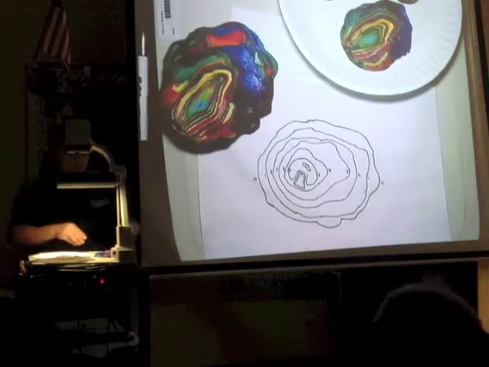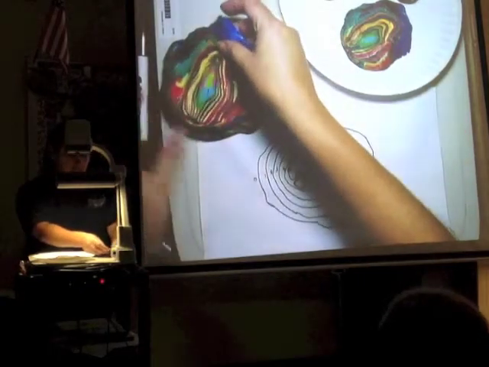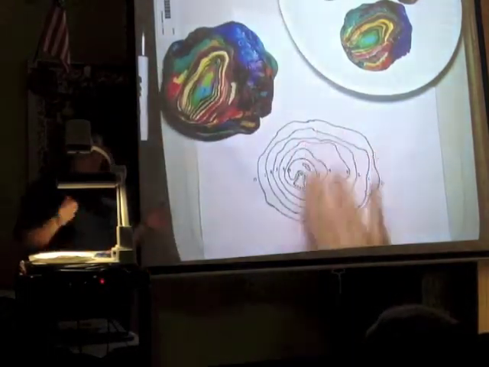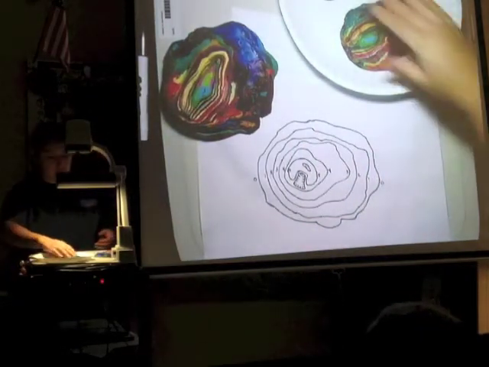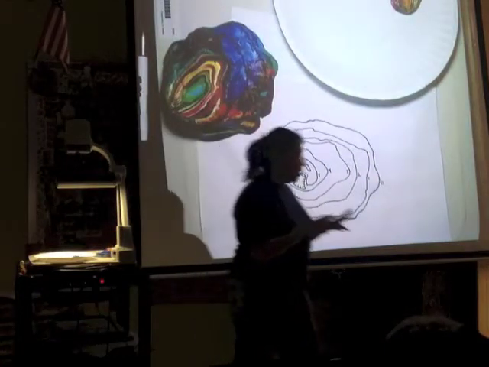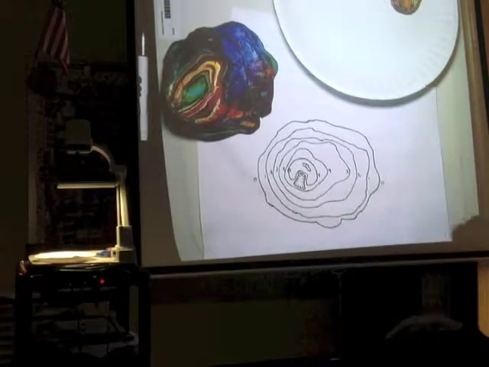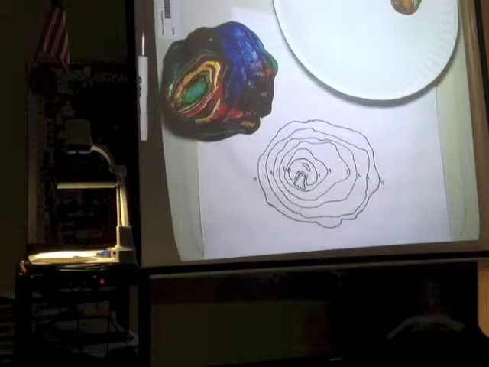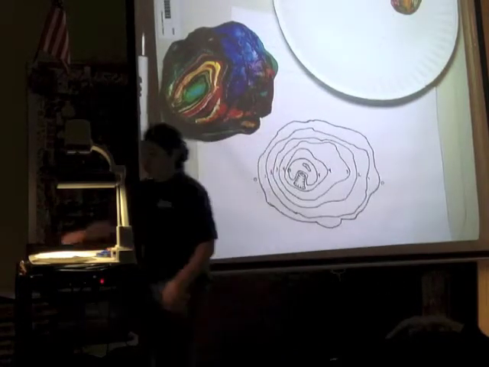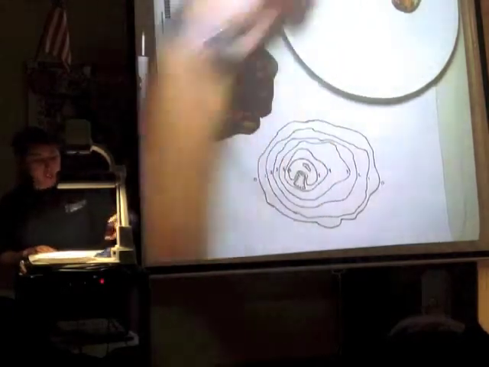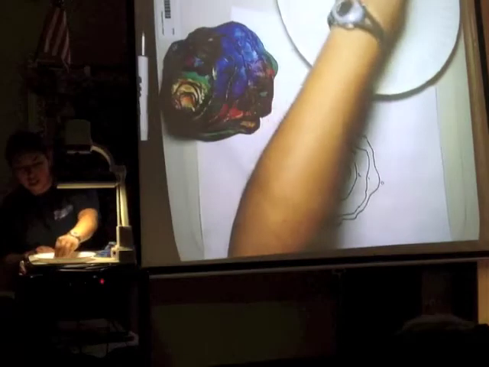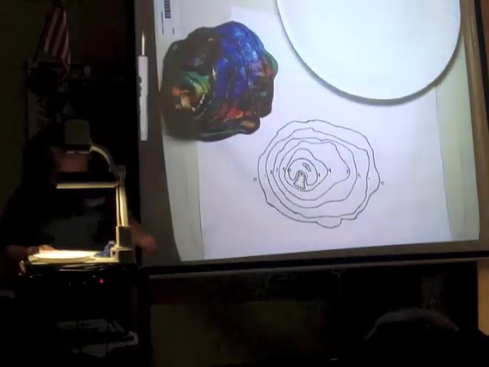Okay? So, first, this is what you want to do. You will get a copy of this and you're going to be able to trace it in your notebook in just a second. But right now, I want you to take about 1 minute and write observations over that topographic map. Write observations over what you see, anything you see in that map.